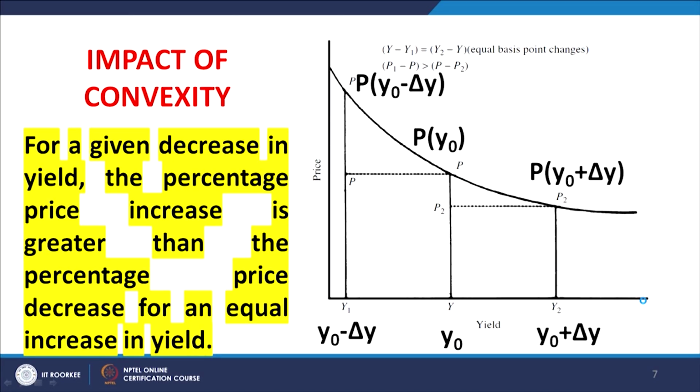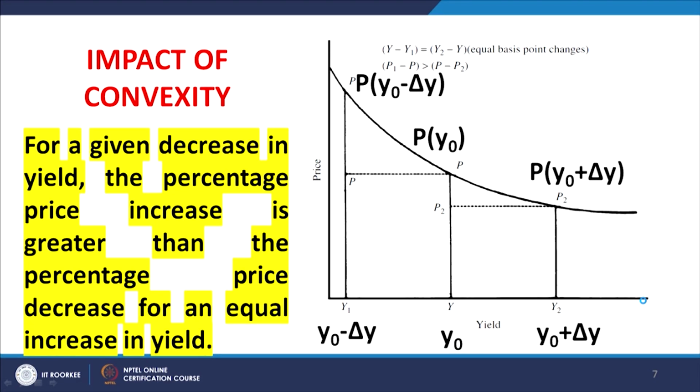The impact of convexity is shown on this slide, and that is the rise in price corresponding to a certain decrease in YTM exceeds the fall in price corresponding to an equivalent increase in YTM. Let me repeat, the rise in price corresponding to a certain decrease in YTM is more than the fall in price corresponding to an equivalent increase in YTM.